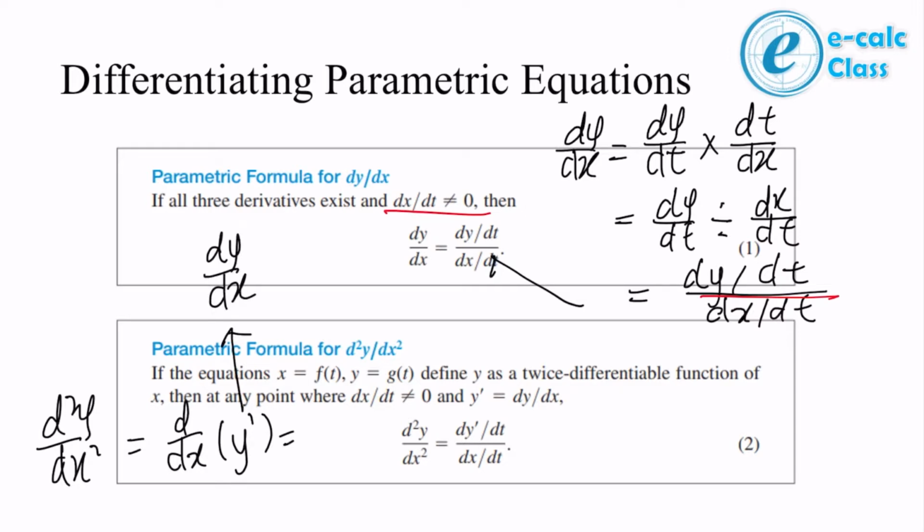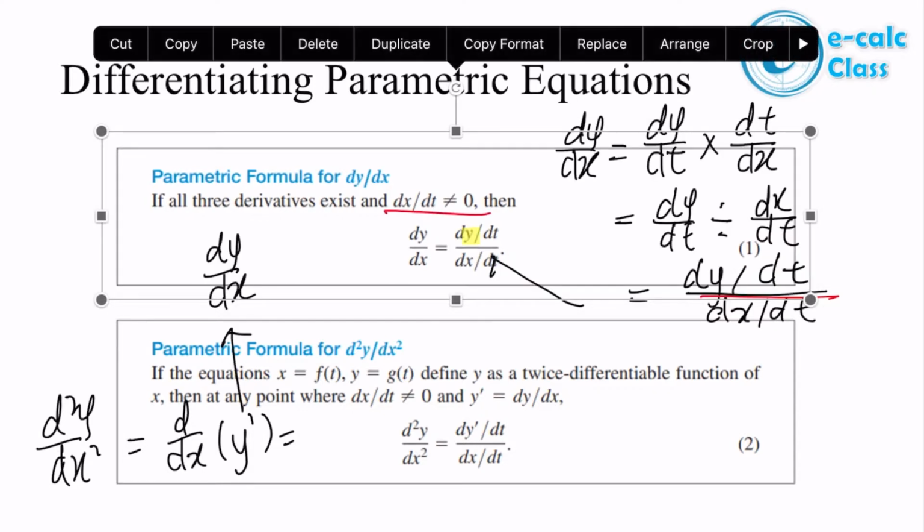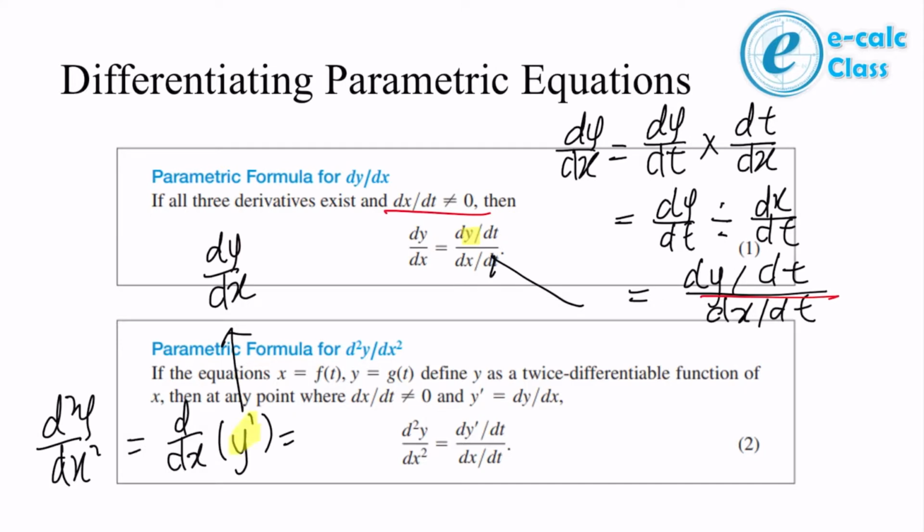So this is just, instead of dy/dt, you replace your y with y prime. So it will be dy'/dt over dx/dt. You have to be very careful: this y prime means the whole thing here. Then at the bottom is still dx/dt. No worries.